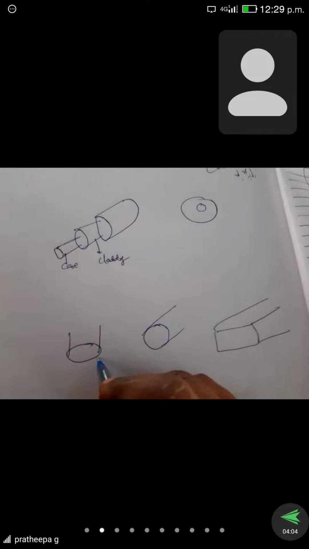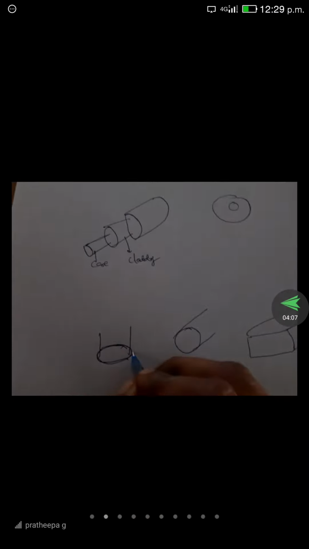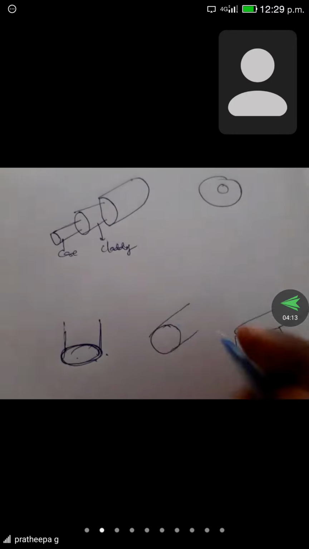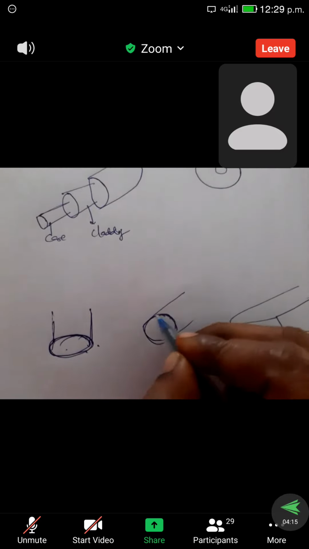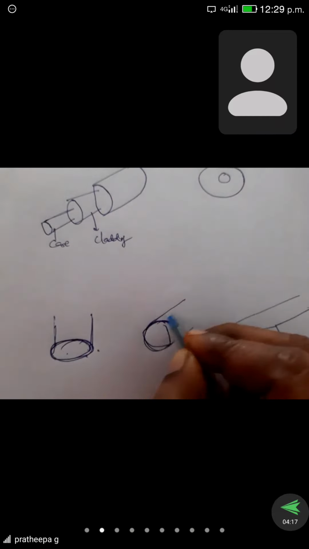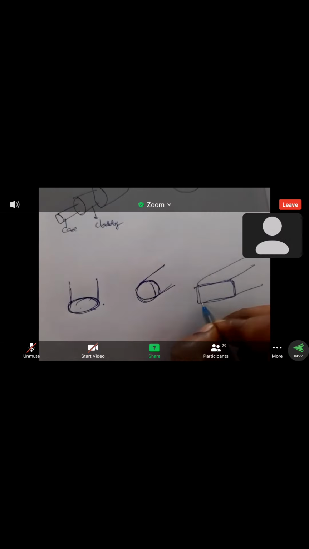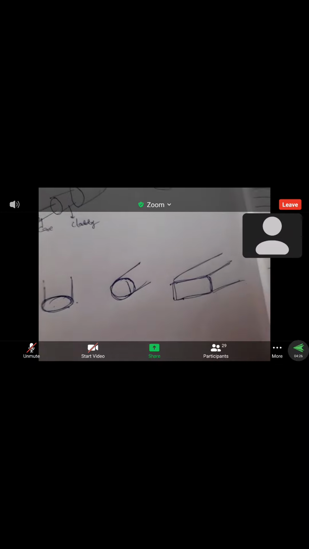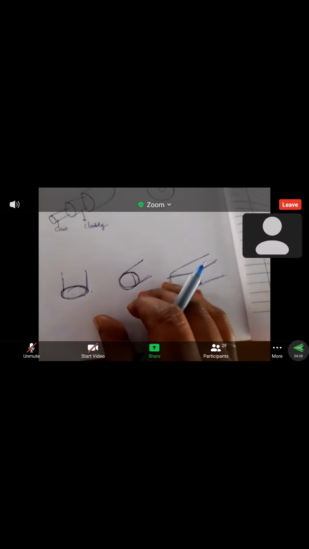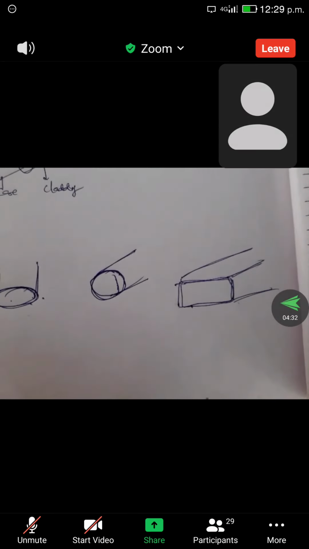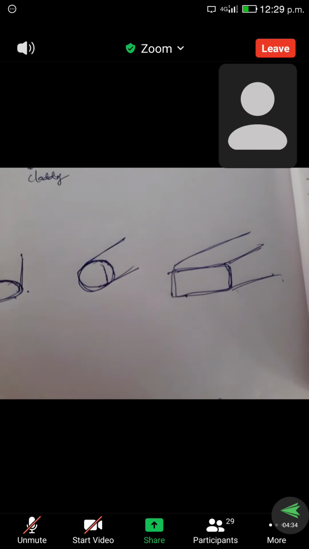So the H is electric. Waveguide: it is in the circular mode, circular waveguide, or it is a rectangular one. Then rectangular. So these are the types of waveguide, and according to the application we can use them.